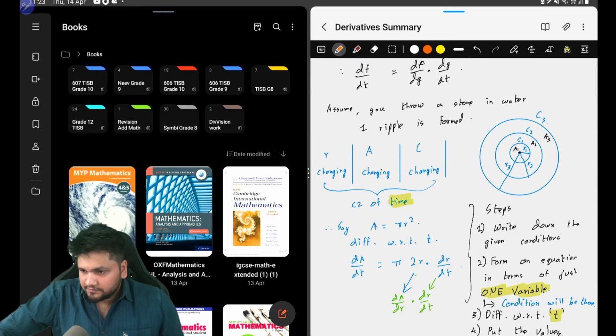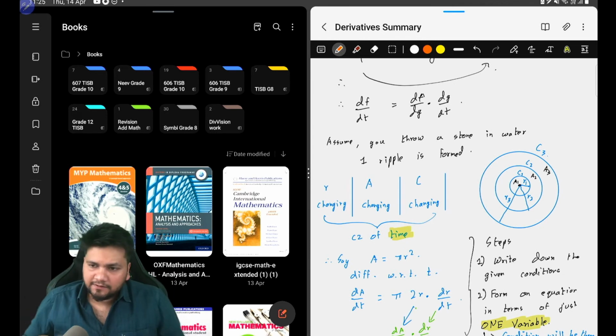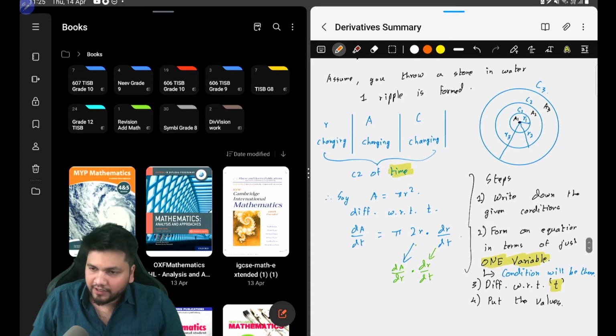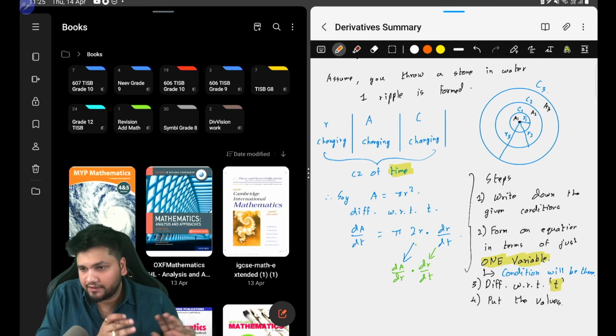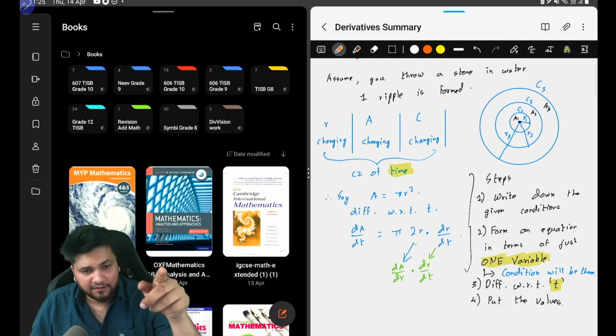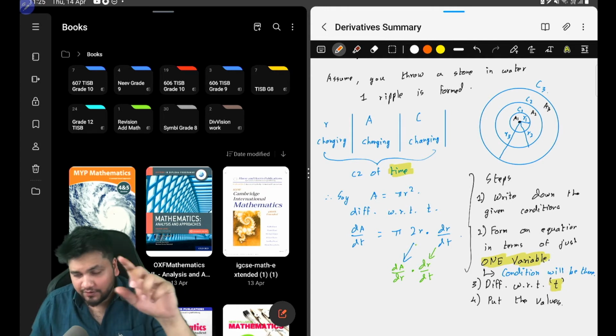Now the thing is, let's say A is equal to pi r square. That's the formula. Now if I differentiate with respect to t, I'll get dA by dt as, pi is a constant, pi constant outside, derivative of r square is 2r into dr by dt. Remember, especially you have to differentiate with respect to t.